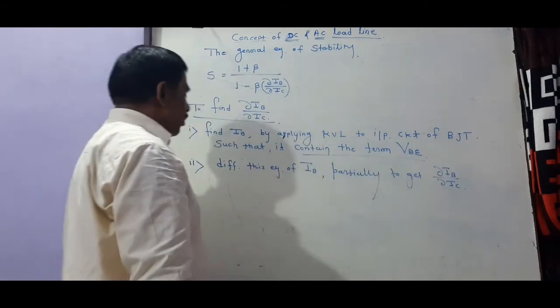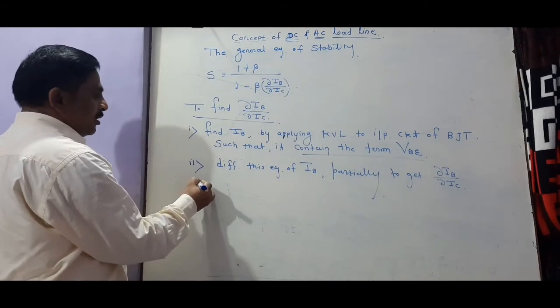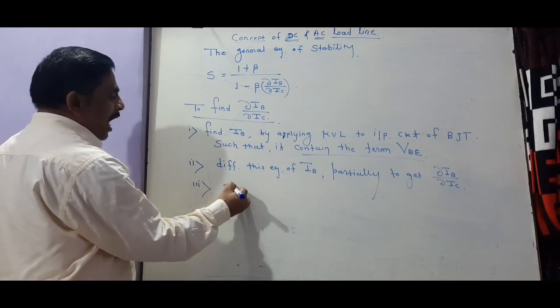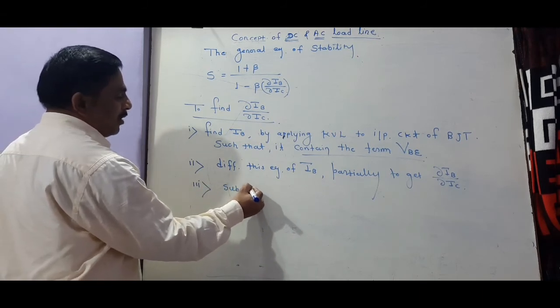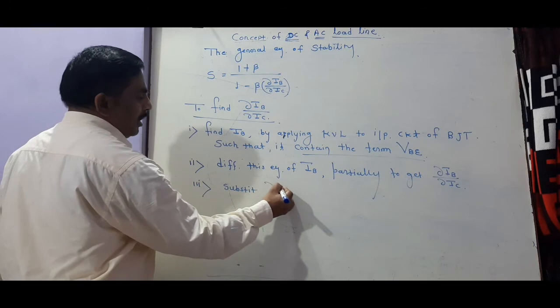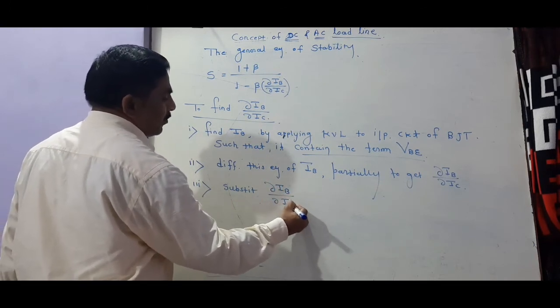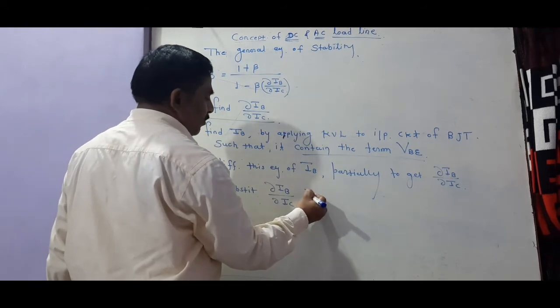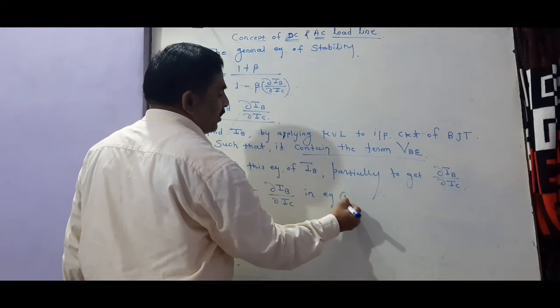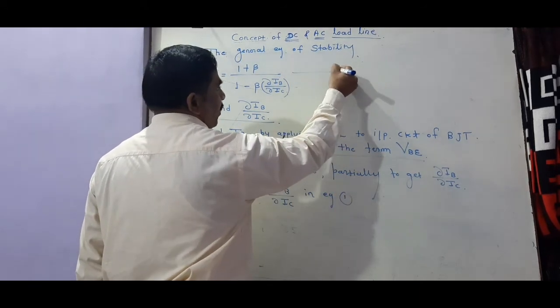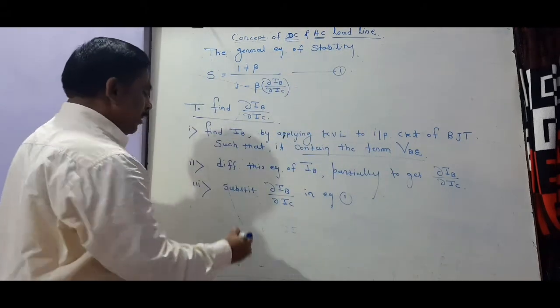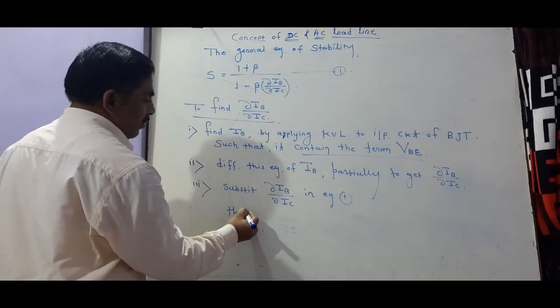Third, substitute this value of delta IB upon delta IC in equation 1. So this is equation 1. Then we get the stability.